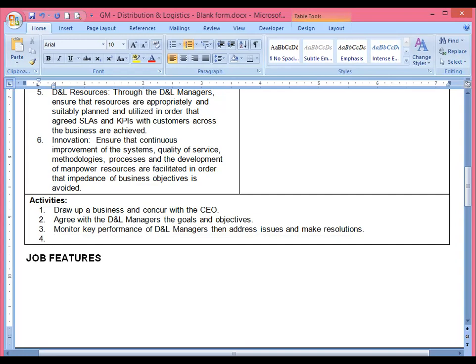Next, one of the activities of the general manager is to convene the monthly meetings to review performance.